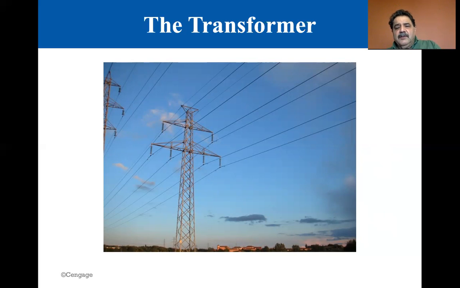Then when they get to the next distribution station, they lower it back down to about 20,000 volts, and then step it down to 120 volts when it goes to your home.